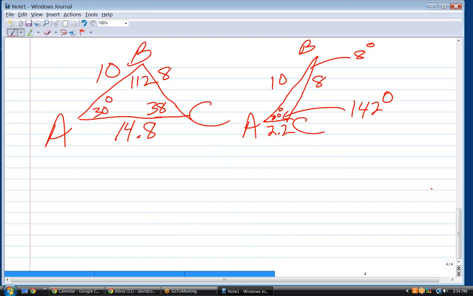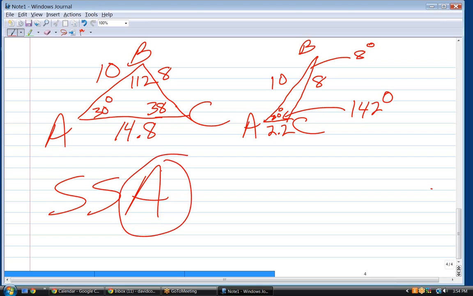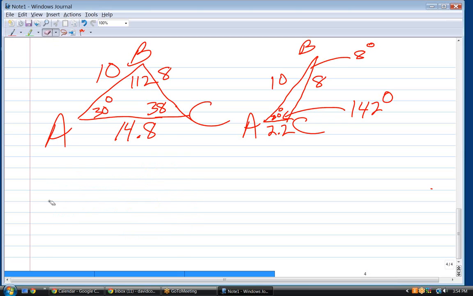Furthermore, when you have side-side-angle, it's only potentially ambiguous if that angle is less than 90 degrees. If that angle is greater than 90 degrees, you don't have to worry about it. And in fact, the smaller this angle is, the more likely it is to be ambiguous. In other words, if I make that an 80-degree angle instead of 30, not nearly as likely to be ambiguous.